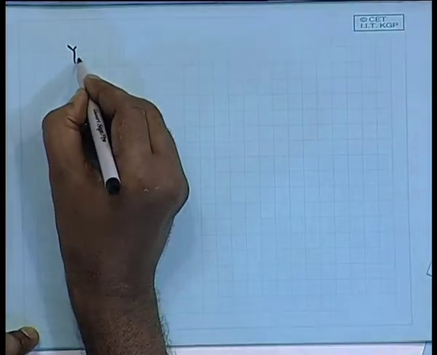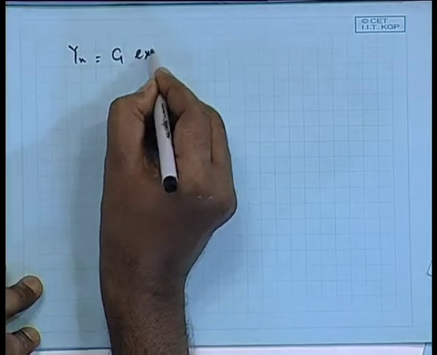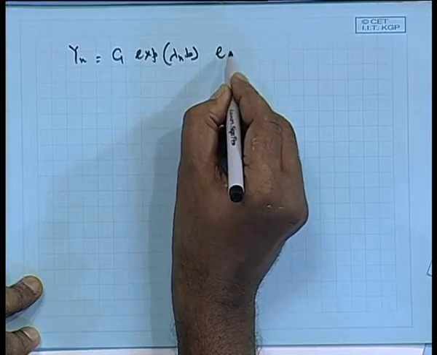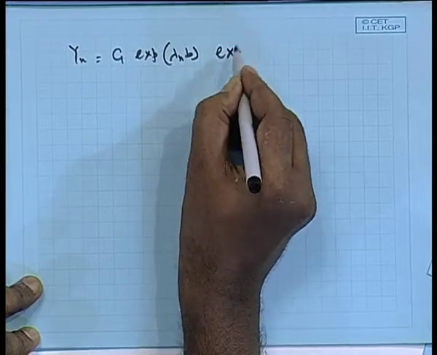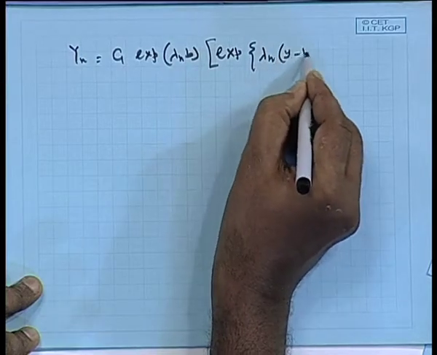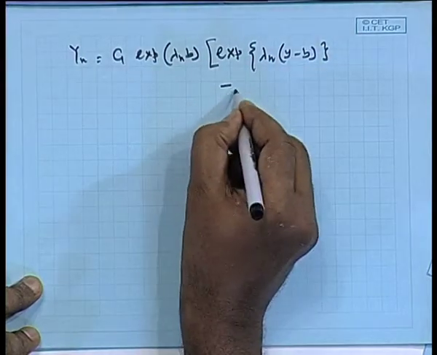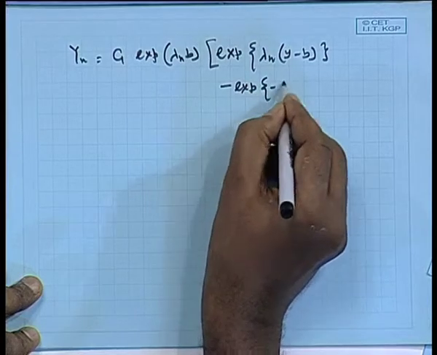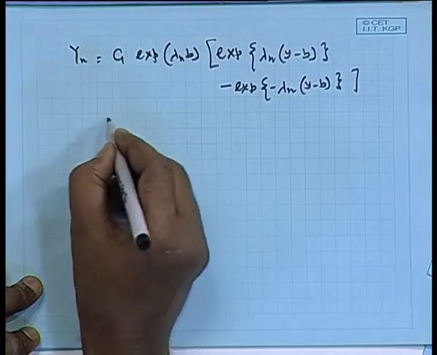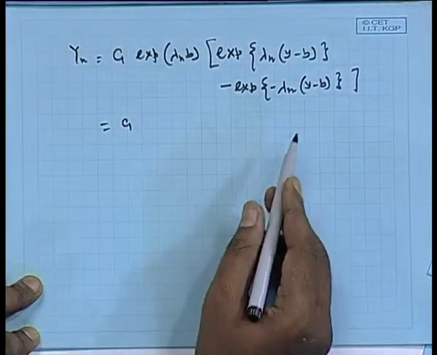So, Y n will be C1 exponential lambda n b times exponential lambda n (y minus b) minus exponential minus lambda n (y minus b). That is in the compact form, and you can multiply and divide by 2.